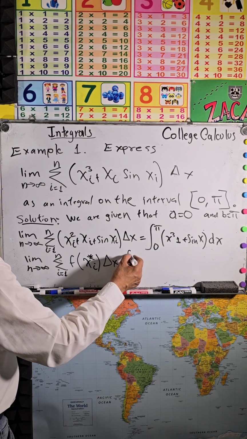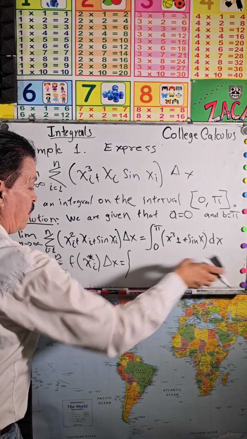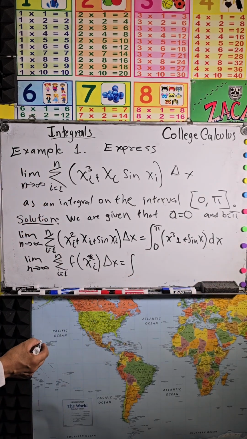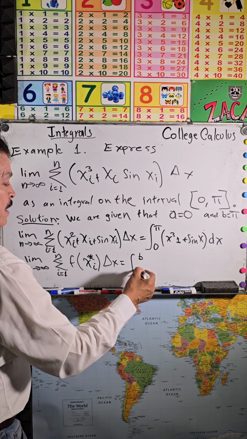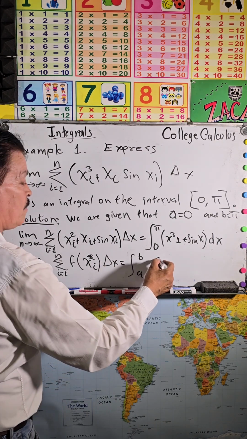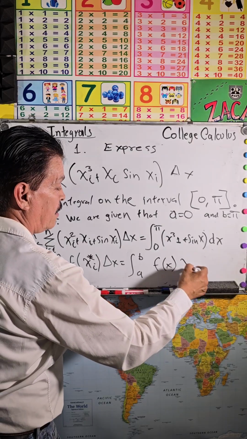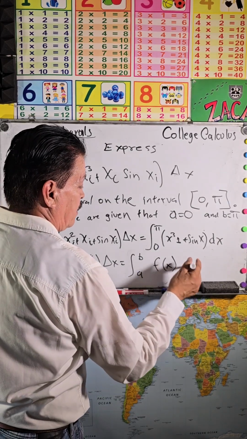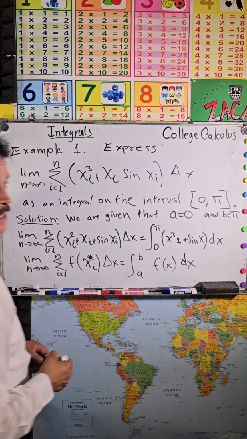So this is in general the formula. Here we have to write b and a, f of x, the differential dx. All right.